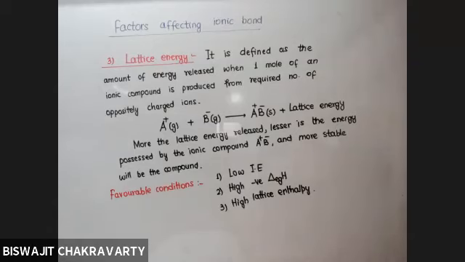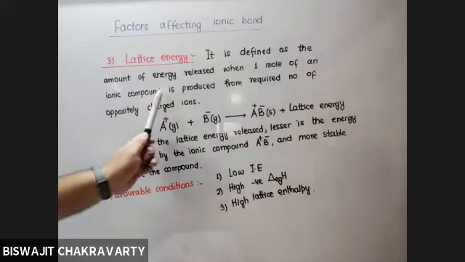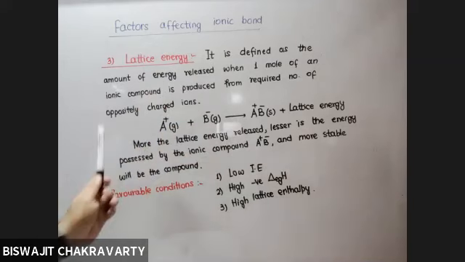Twice the Avogadro's number. So ions may be different in number, but we are not interested in how many ions are combining. What we are interested in is whether 1 mole of ionic compound is produced or not. And that is why I have used the term 1 mole of an ionic compound is produced from a required number of oppositely charged ions.